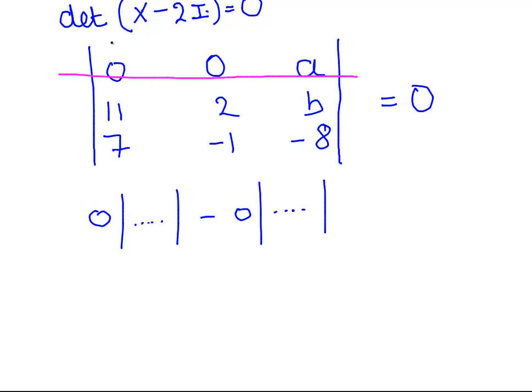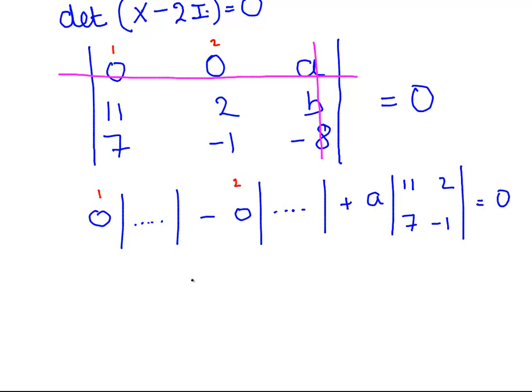This 0 here is the first one, this 0 here is the second one. Plus A times its minor matrix, and that's 11, 2, 7, minus 1. And that's equal to 0.